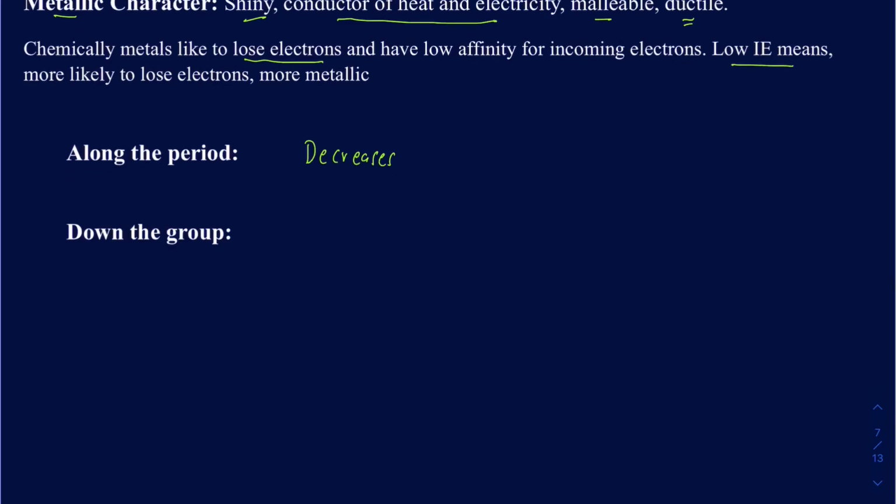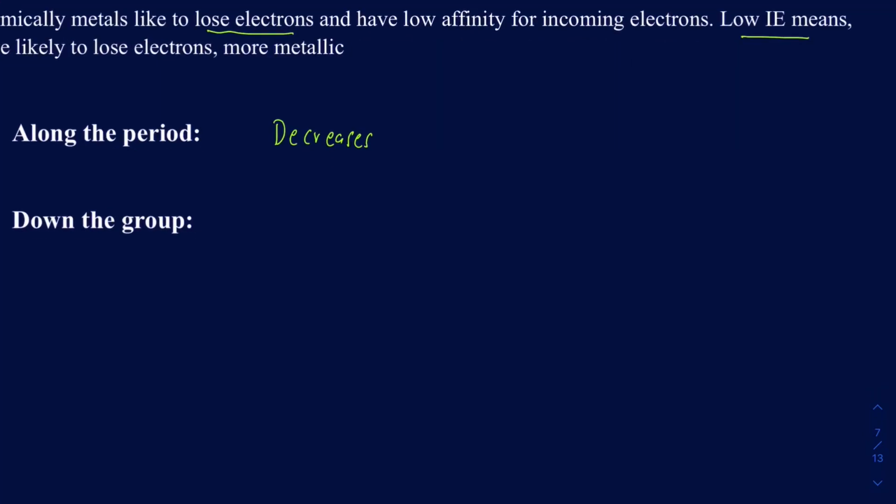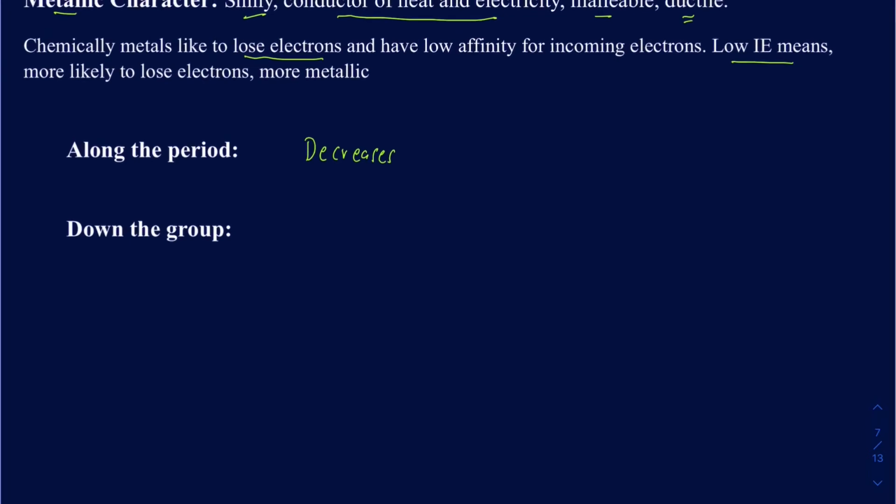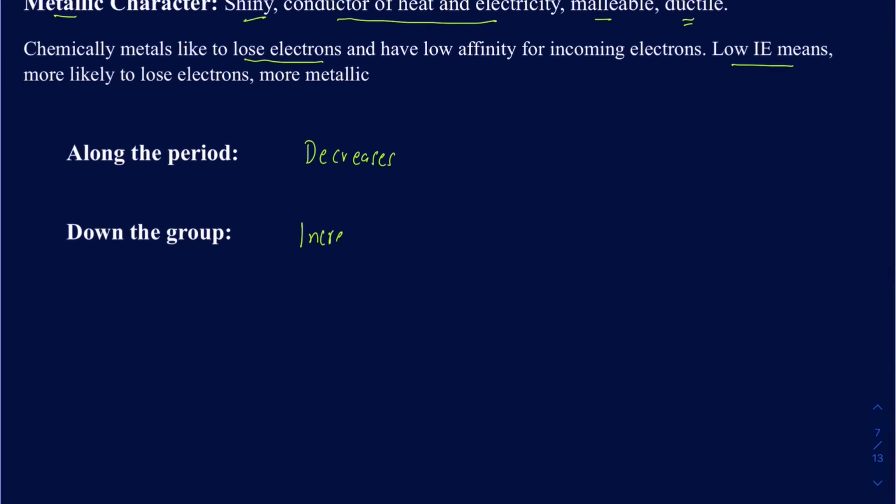But when you're going down the group, your metallic character actually increases. And why is that? That's because as you go down the group, your ionization energy decreases. The metals can easily lose electrons when they're way down in the group rather than being on the top. And same story, their electron affinity is also low when they're down the group.